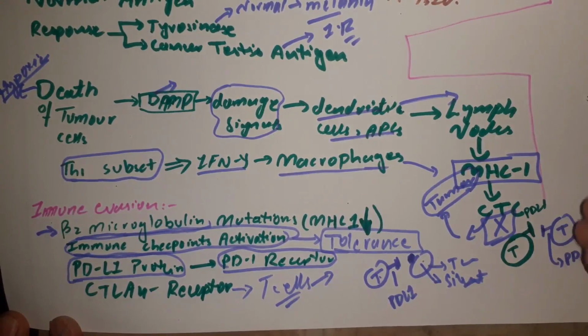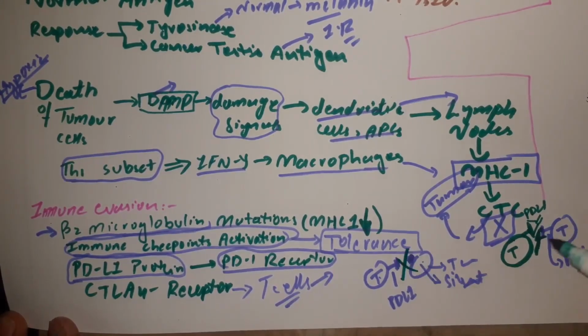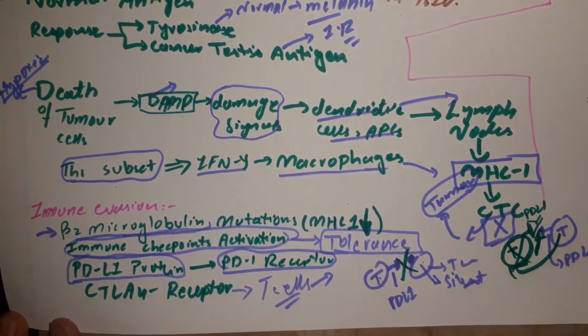Supposedly we formulated an antibody here which binds here, and we produce an antibody against this too, which came here and bound this. So in this way, by producing antibodies, we prevented PDL1 protein from interacting with the PD1 receptor. So this interaction was avoided by producing antibodies, and in this way there was no tolerance of this cancer, and then the T cell will respond to it and will destroy it.